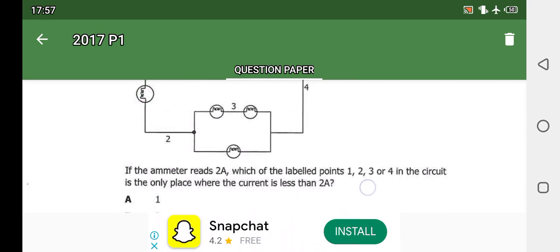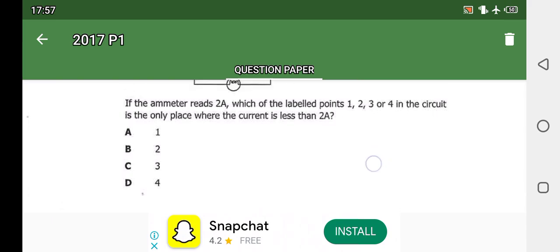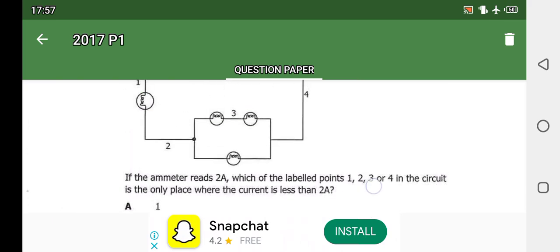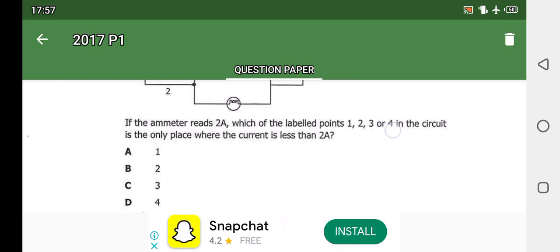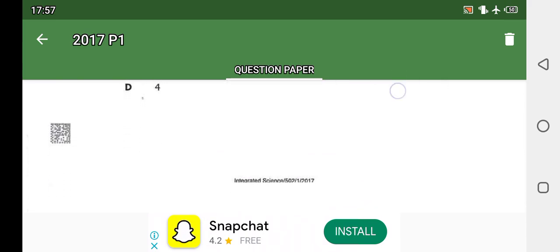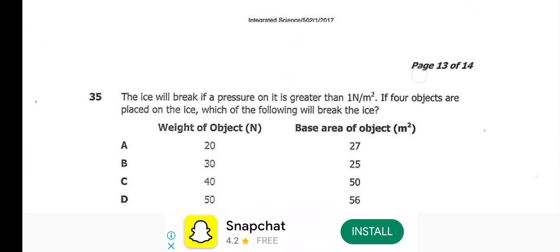The correct answer is 3, because 3 is connected in a parallel circuit.